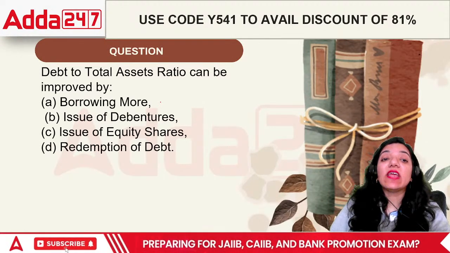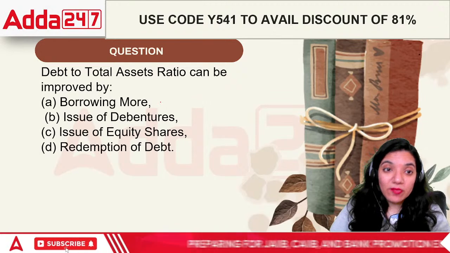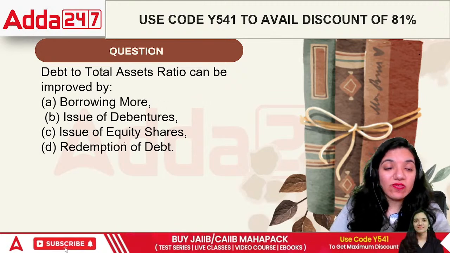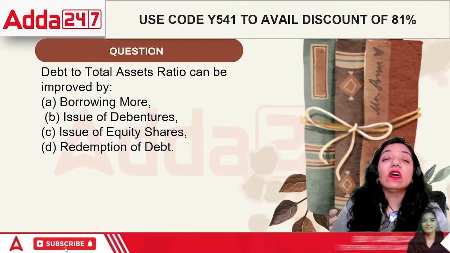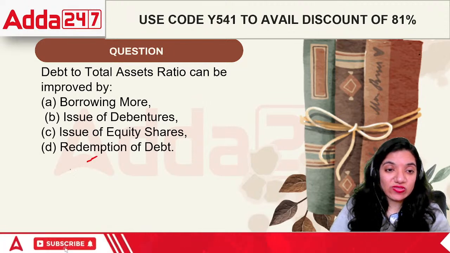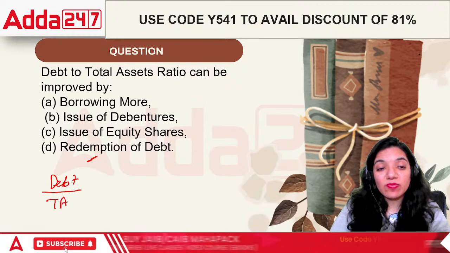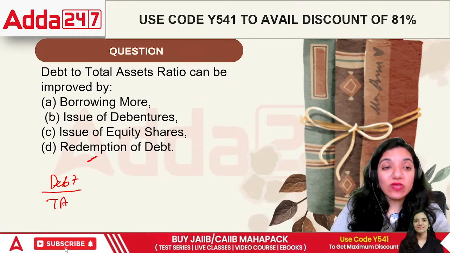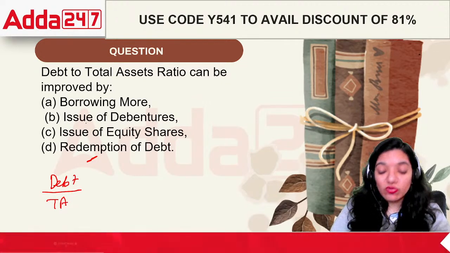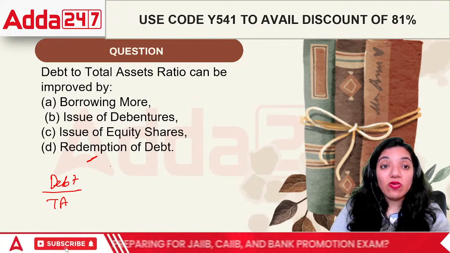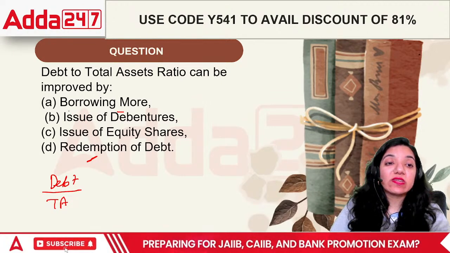Next question: debt to total asset ratio can be improved by. This ratio states that this portion is debt, and the assets are built up by adding total assets to the business. Now, how can we improve this scenario?